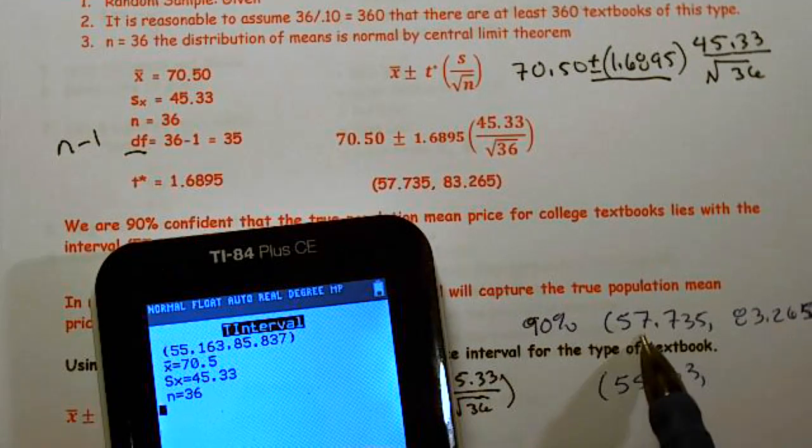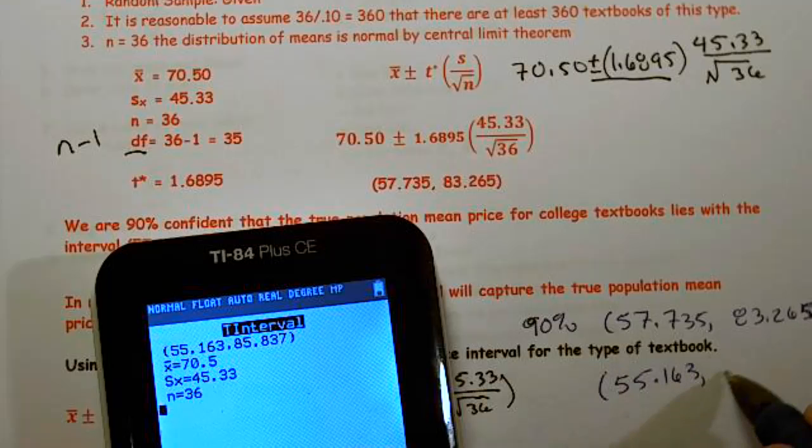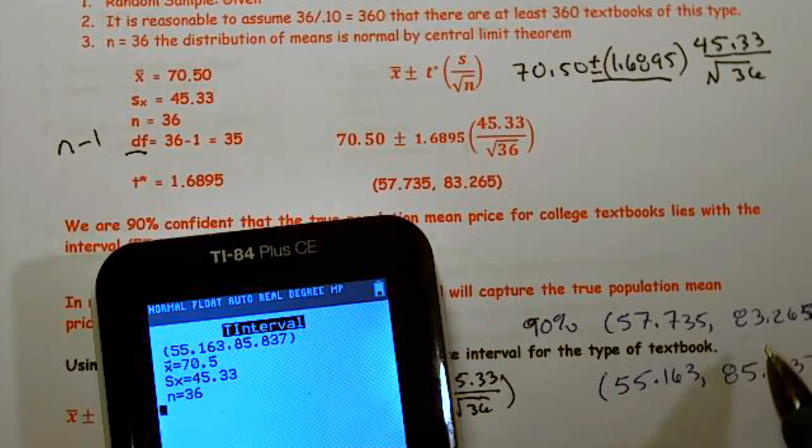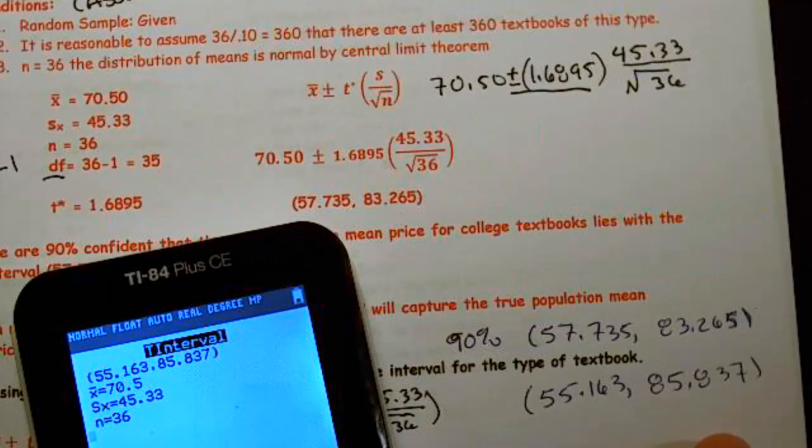Well, that's lower than 57. And then I have a high side of 85.837, which is higher. So basically, this is lower and this is higher. So this interval got wider.